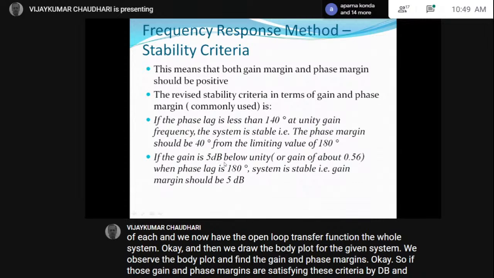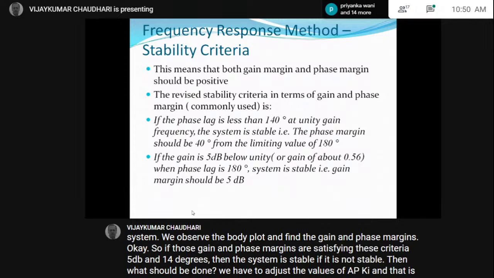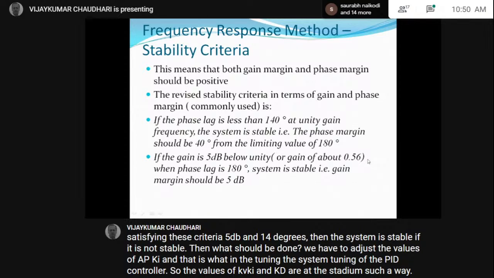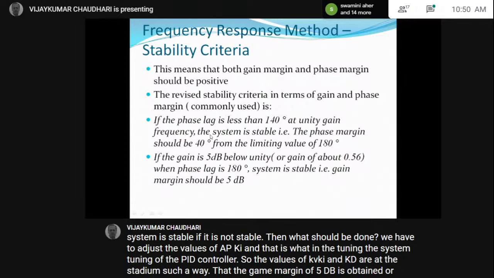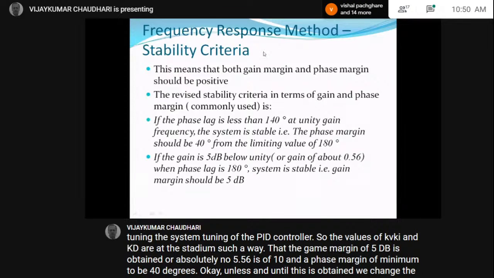If it is not stable, then what should be done? We have to adjust the values of Kp, Ki, and Kd. That is the tuning of the PID controller. The values of Kp, Ki, and Kd are adjusted in such a way that a gain margin of 5 dB, or absolute gain of 0.56, is obtained, and a phase margin of minimum 40 degrees is obtained. Unless and until this is obtained, we change the values of Kp, Ki, and Kd for our given PI or PID controller.